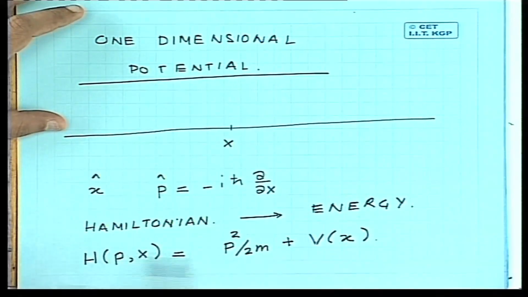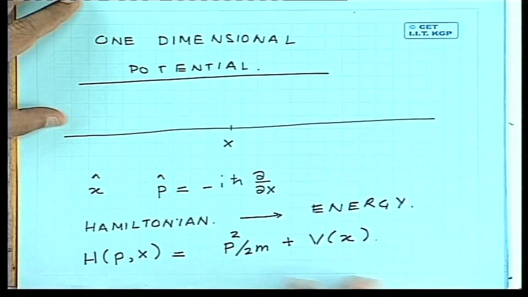We shall discuss more about the Hamiltonian later on, and those of you who are doing a course on classical mechanics right now will be encountering the Hamiltonian as you proceed. Right now we are dealing only with time independent systems, and for these the Hamiltonian corresponds to the energy of the system.